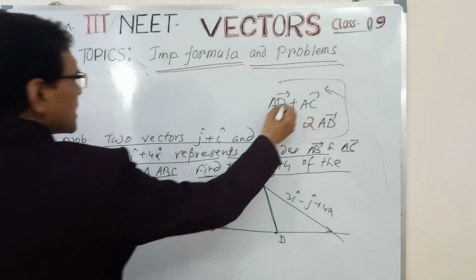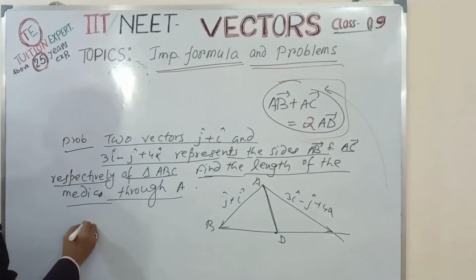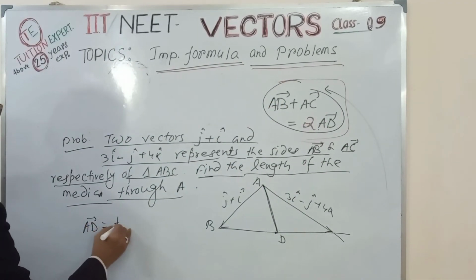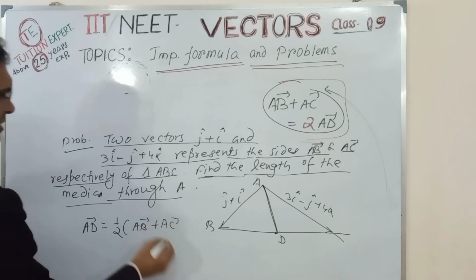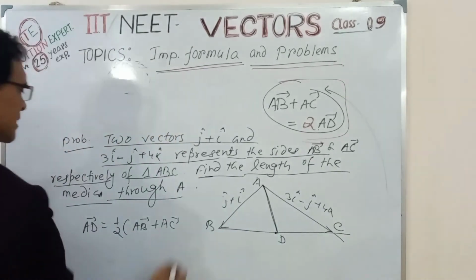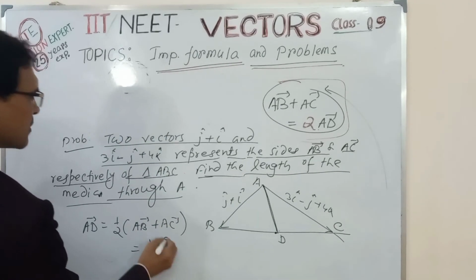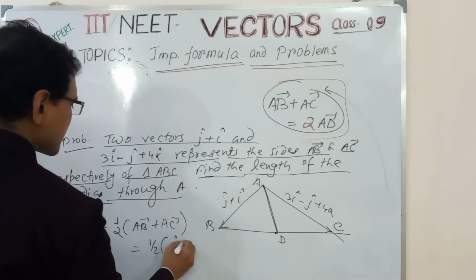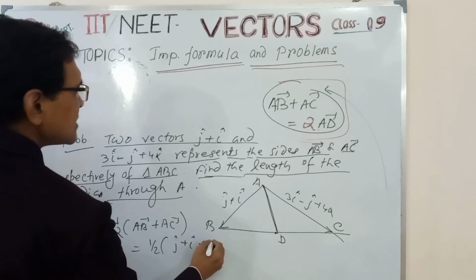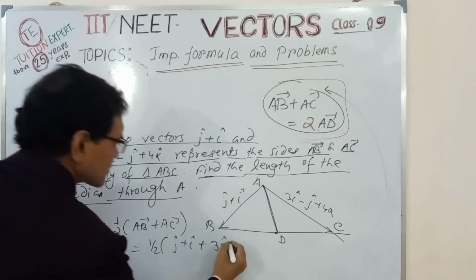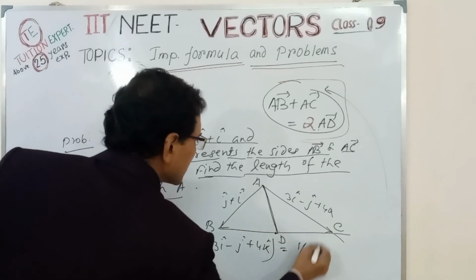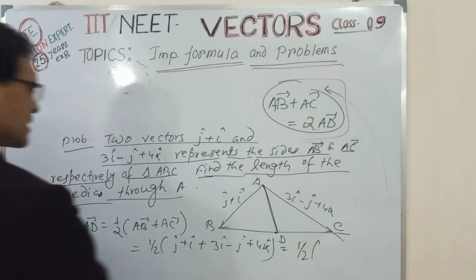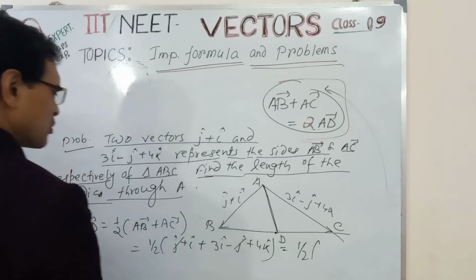So from the result we get AD equal to half of AB plus AC. That is half of AB, i plus j, plus AC, which is equal to, j cancels, 4i plus 4k.